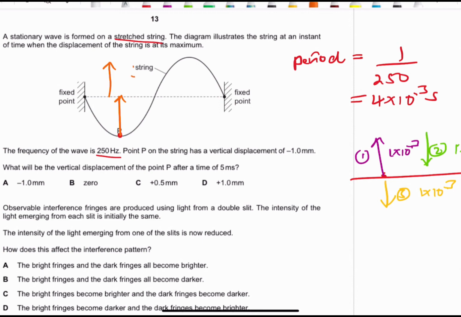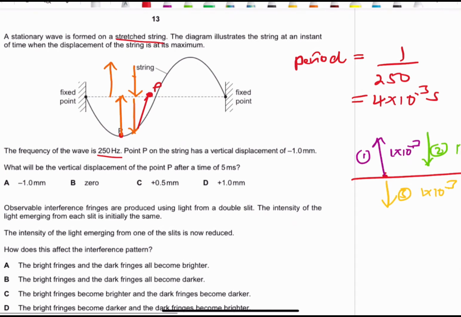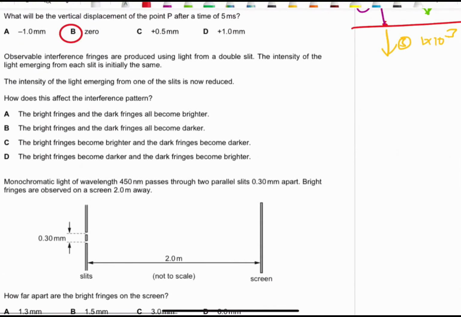Motion number 3, we do that. Motion number 4, we're there. And motion number 5, we're back to the equilibrium position. So at motion number 5, we'll be back to the position that we started, and point P will be over there. So basically that's how it works. Determine the period and then work with the time that you have to reach a displacement that will be 0. Very important.